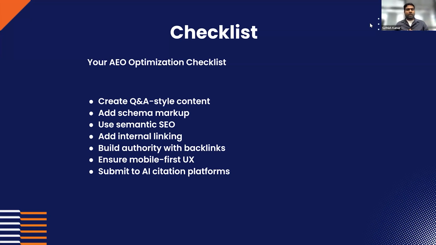Try to do interlinking, build authority and backlinks, and try to get referrals. Go to these AI citation platforms. You can even right now go to Perplexity and ask it to index your site, or any specific blog pages that you want. Those kinds of citation pages are there. Make it mobile friendly.